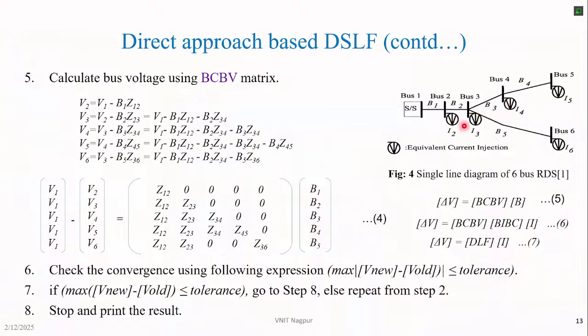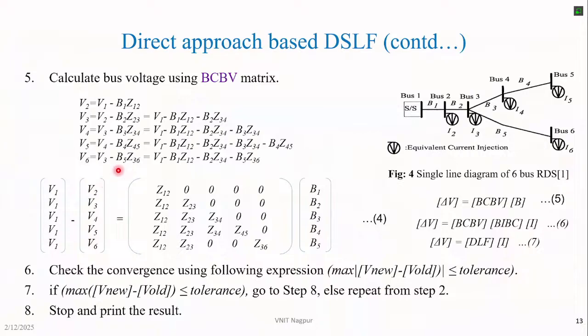Similarly we calculate for bus 5, this bus 5 voltage is supposed to be V4 minus whatever the drop is over there. And finally we calculate the voltage for bus number 6, which is supposed to be whatever the voltage was at bus number 3 minus whatever the drop is over there.